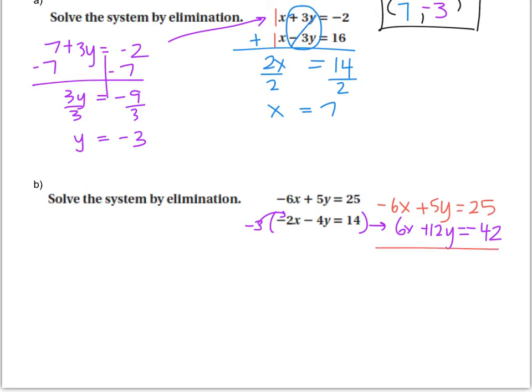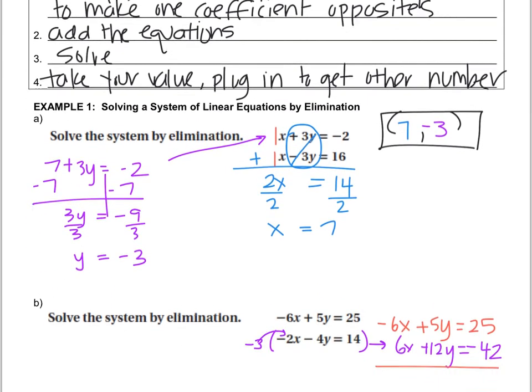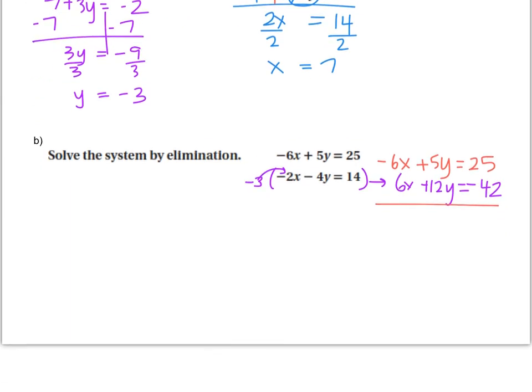And now step 2, I believe, is to add. So these cancel. Negative 6 and positive 6 are opposites. And so I get 17y equals 25 plus negative 42, which is negative 17.